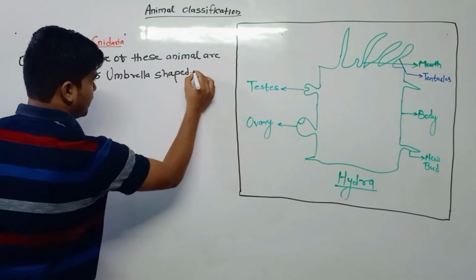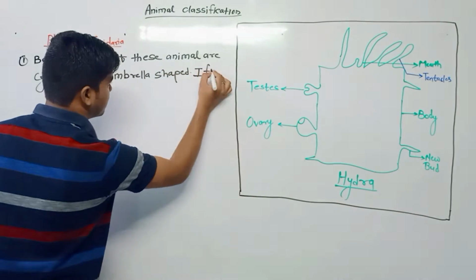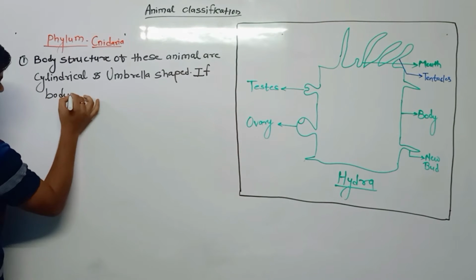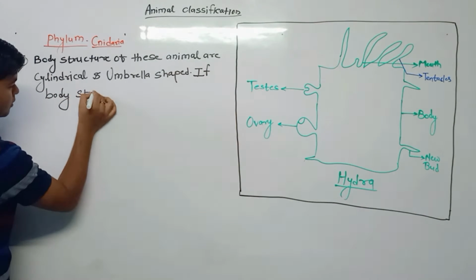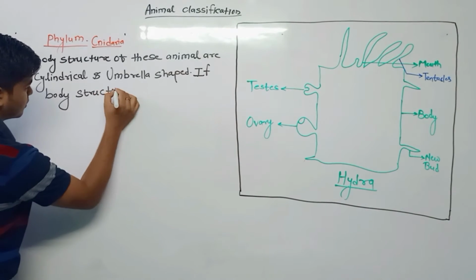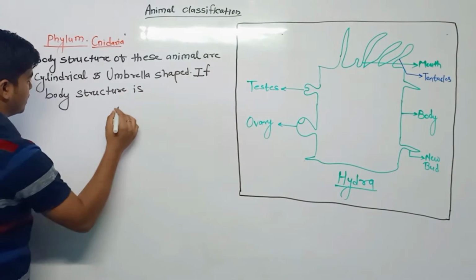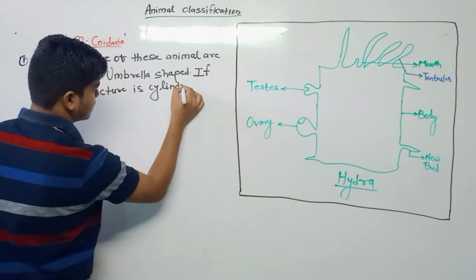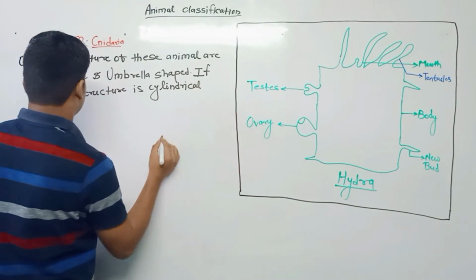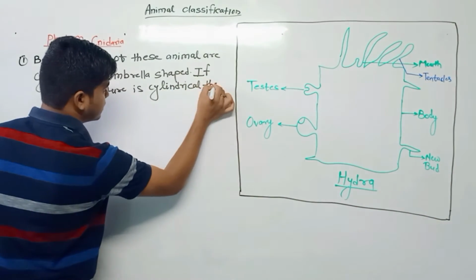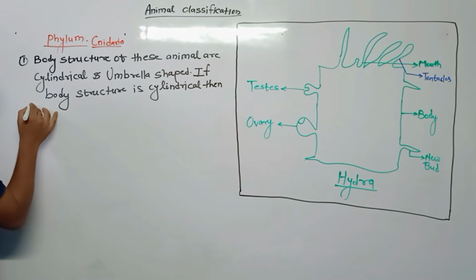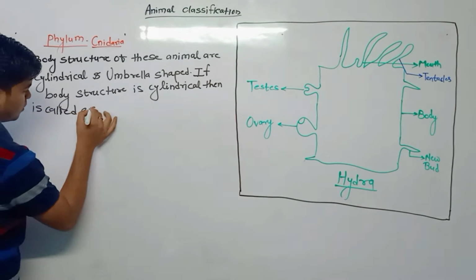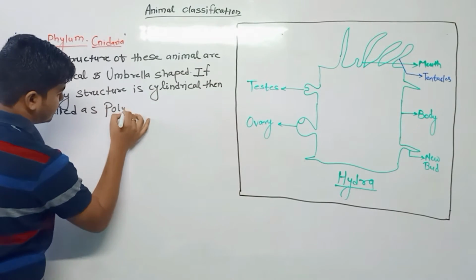If the body structure is cylindrical, then it is called as polyp.